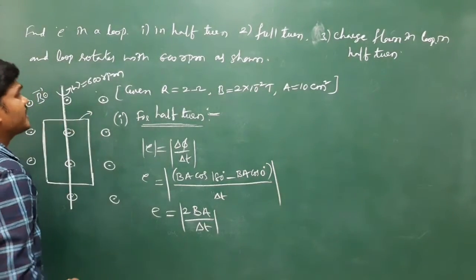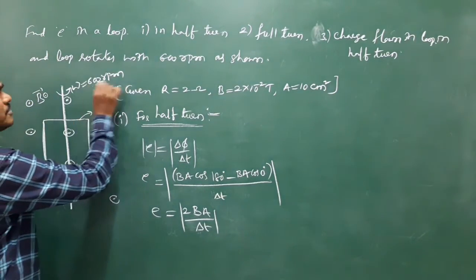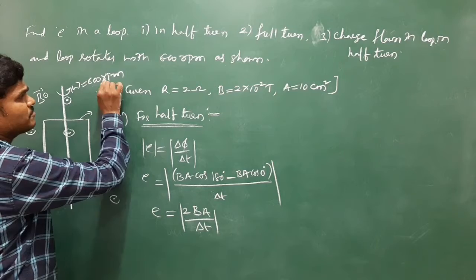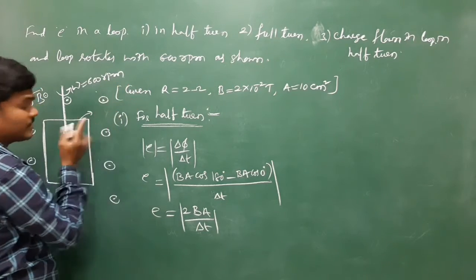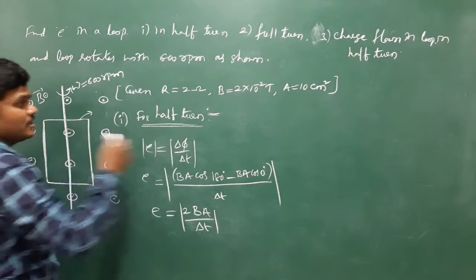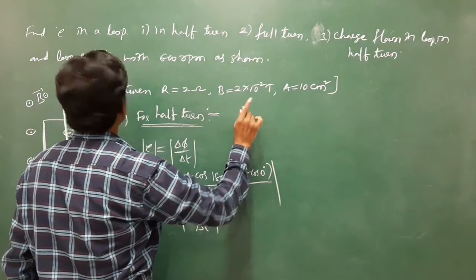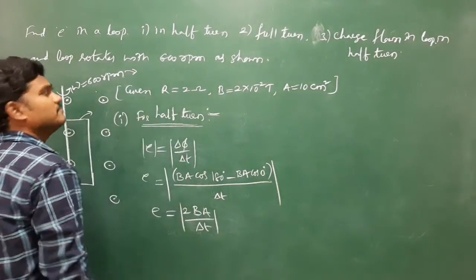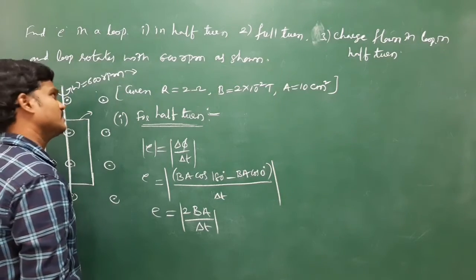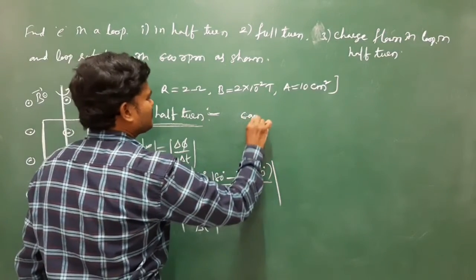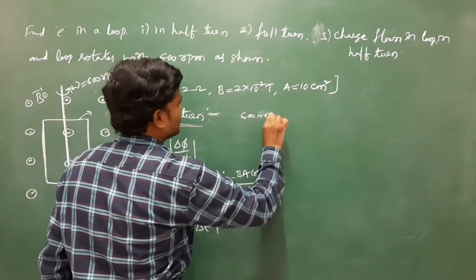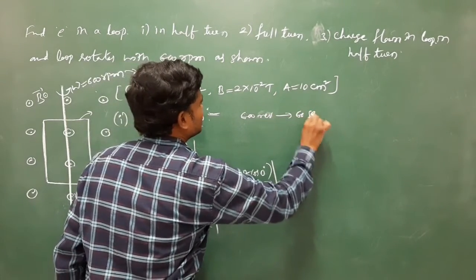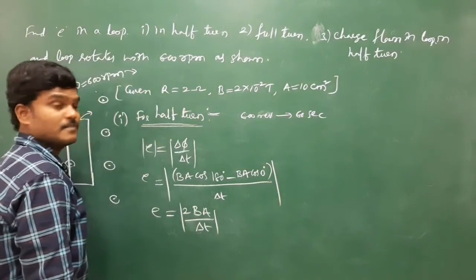Now we can get the time interval. 600 revolutions per minute. We can get the time taken for a half turn. Otherwise, we can use omega as 2 pi by T, or you can convert RPM into pi by 30 radian per second. Here, 600 revolutions take 60 seconds per minute.